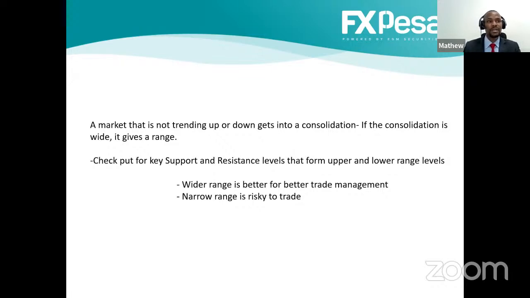You just need to check for key support and resistance levels that form the upper and lower range. The wider the range, the better. If it's not a very wide range, then it becomes risky to trade. And we look into all this as we check out the examples on the live charts.